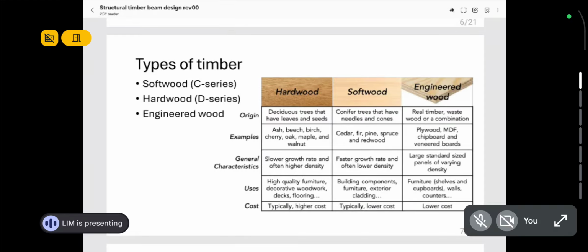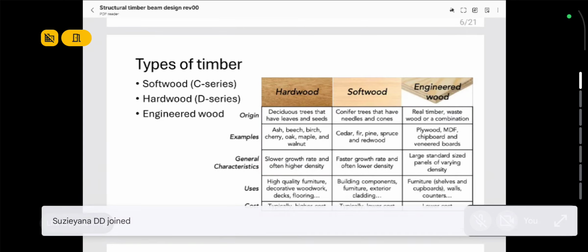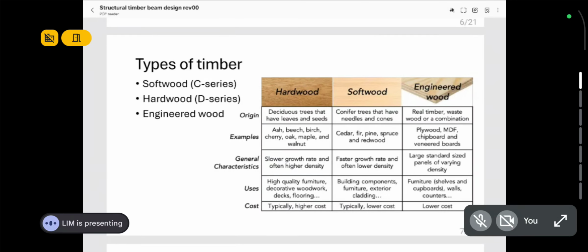All right. Now, engineered wood can be real timber, and can also be timber manufactured from waste wood. So these are your plywood, your MDF, your chipboard.